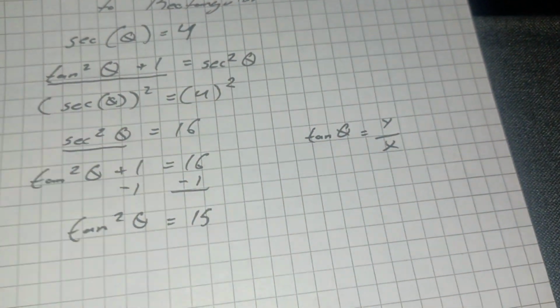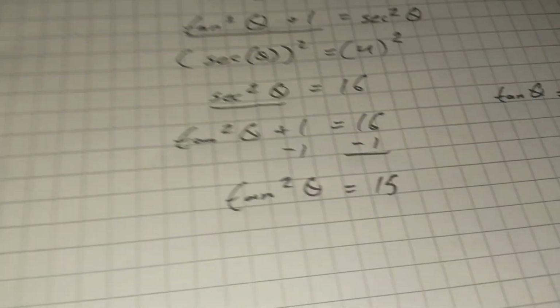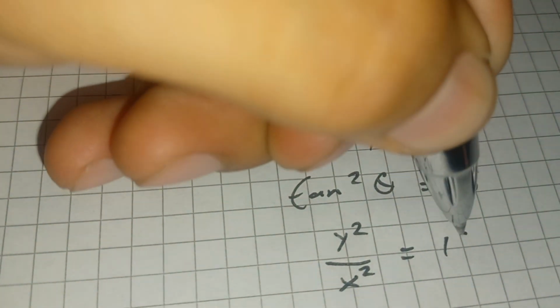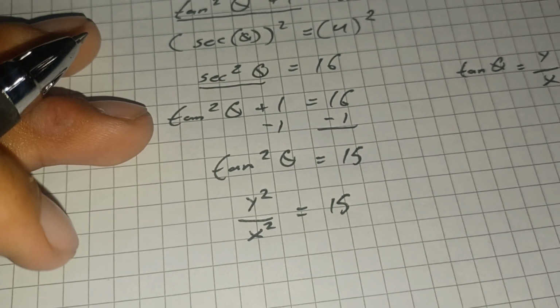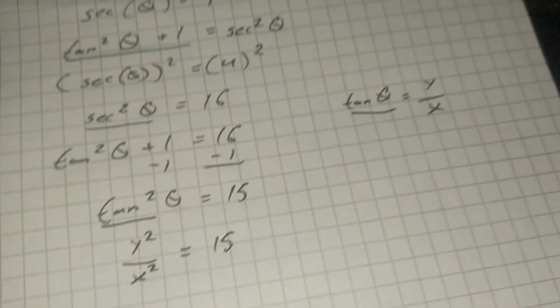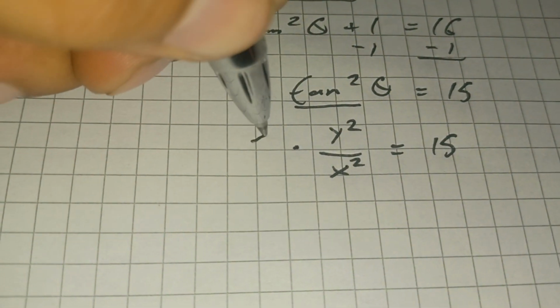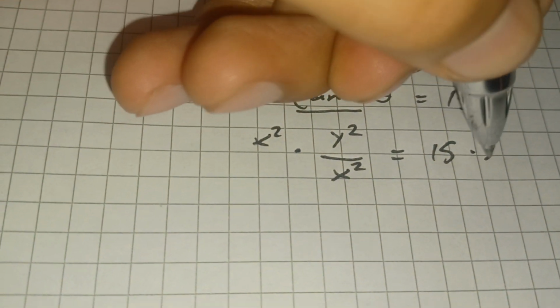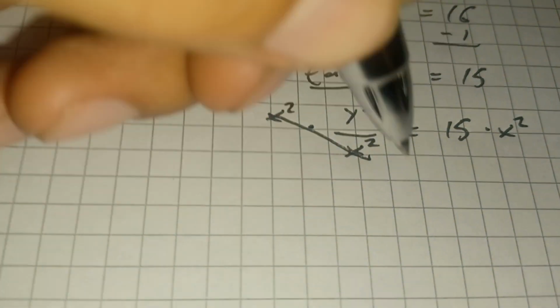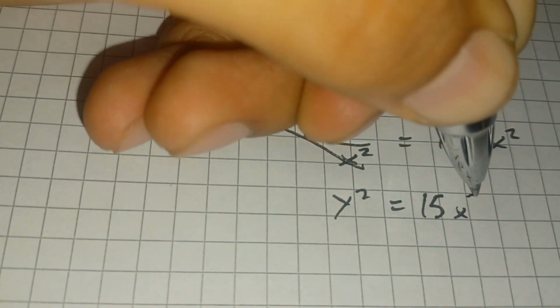Using this logic, we can substitute y over x in here, so y squared over x squared is equal to 15. Now we can multiply both sides by x squared, and we have y squared is equal to 15x squared.